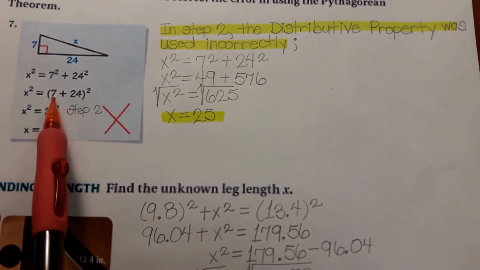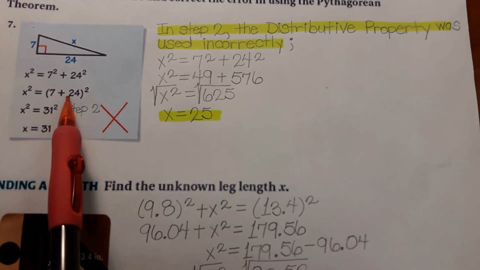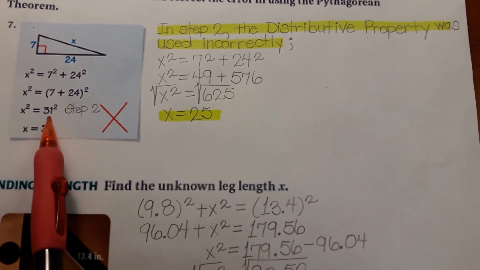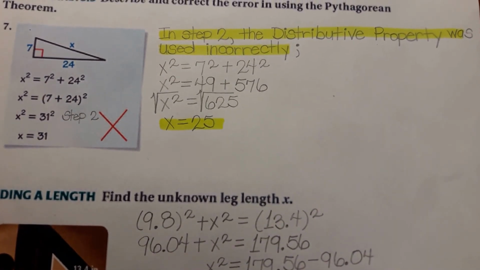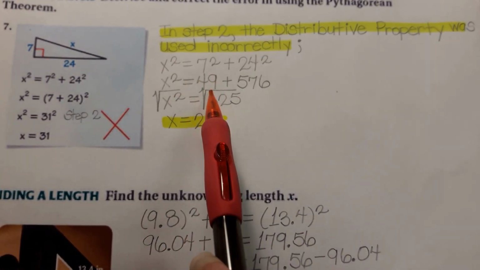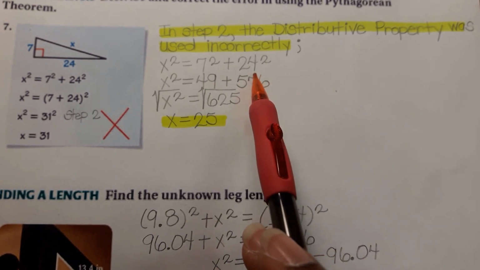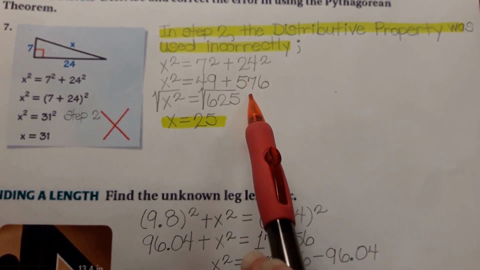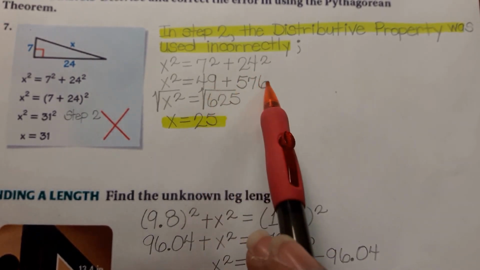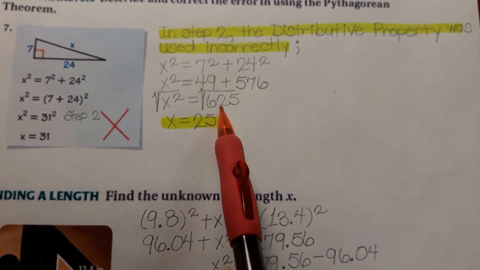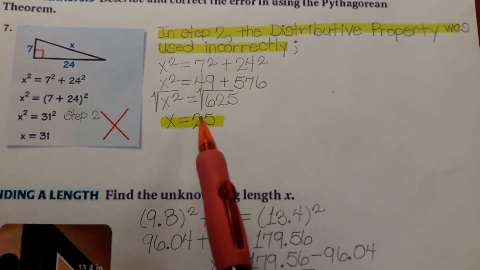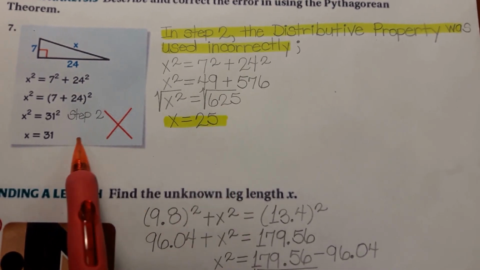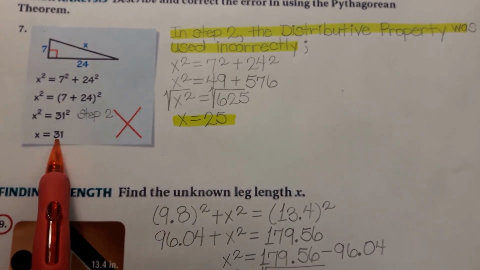What they did here was they have 7 plus 24, which gave me 31, and that's not correct. What I needed to do was 7 times 7 is 49. 24 times 24 is 576. Add these up to get 625. Square root both sides. And the square root of 625 is 25. So my answer is 25, not 31.